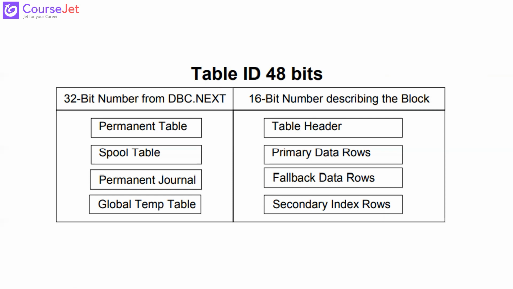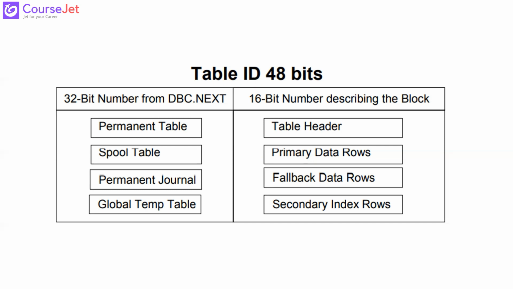Primary data rows, fallback data rows, secondary index data rows, but table header. No, again, see if you see the earlier topic, right?